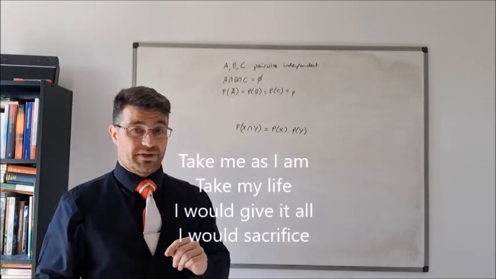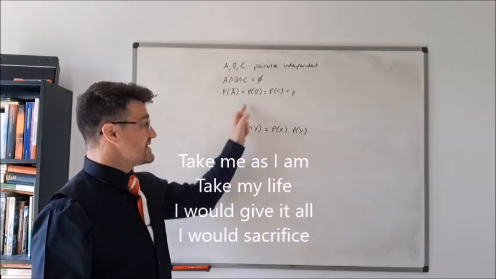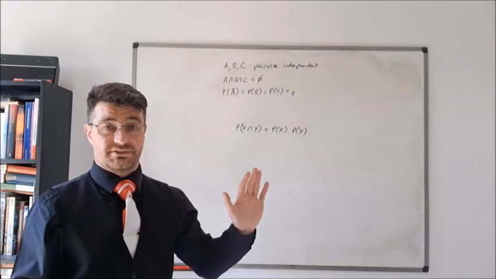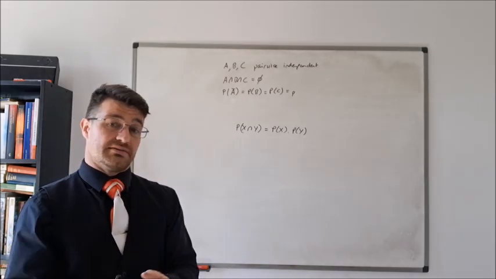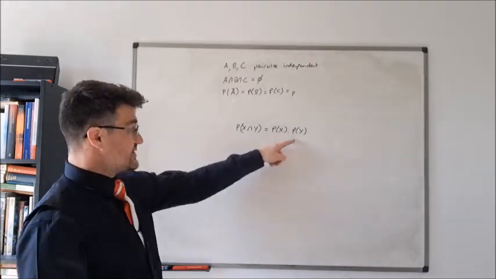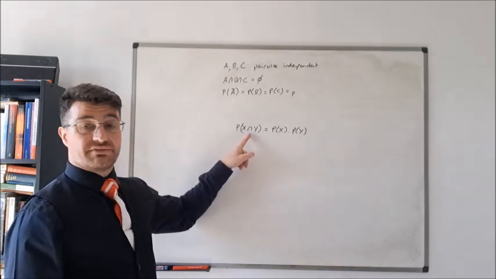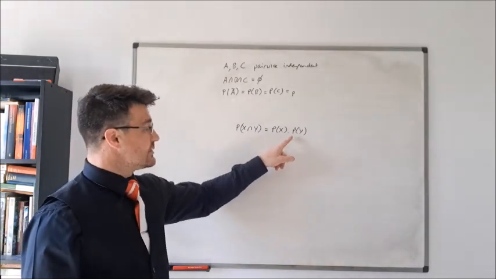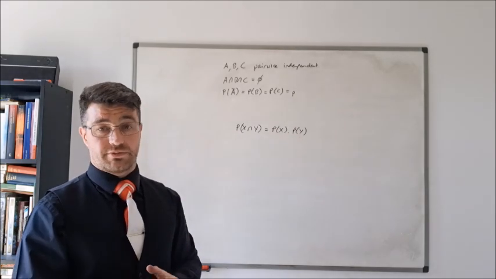The next problem that people have is that sometimes they don't see the full context. They see this formula, but they don't see the full context of what it means. So sometimes people will be flicking through their textbook and they'll see something like this, and they'll think, so the probability of the intersection of two events is equal to the product of their individual probabilities.